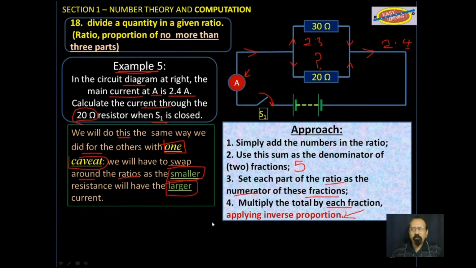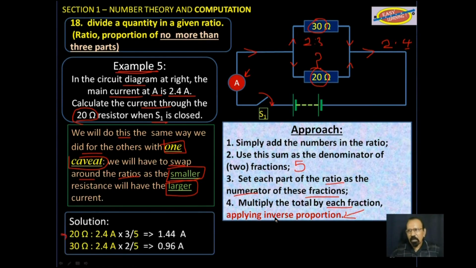So previously, we would have multiplied 2.4 by 3 over 5 for the 30. And for the 20, we would have multiplied 2.4 by 2 over 5. But no, we have an inverse ratio here, so that the larger resistance gets the smaller current and the smaller resistance gets the larger current.